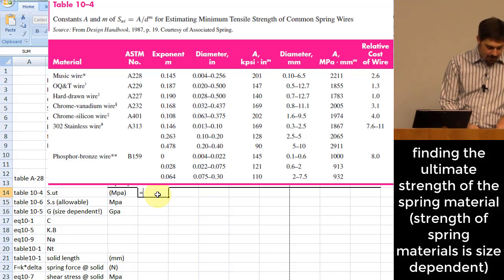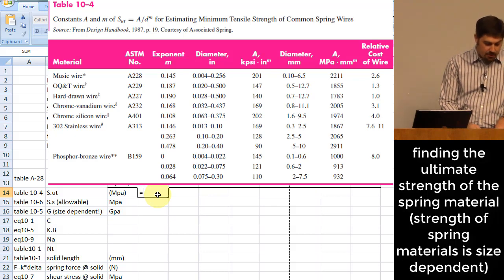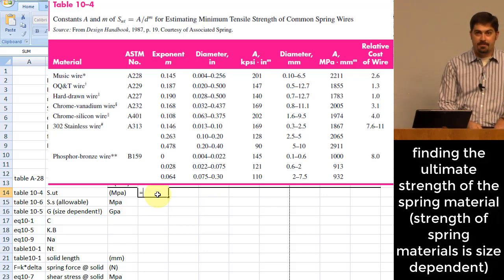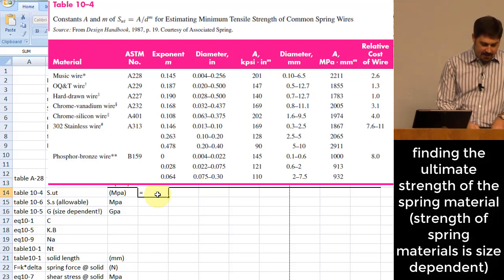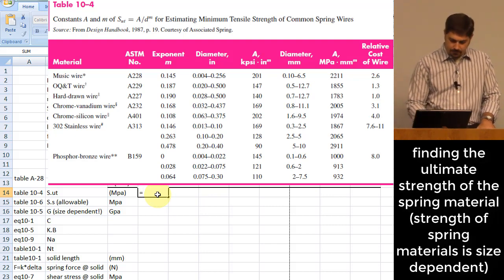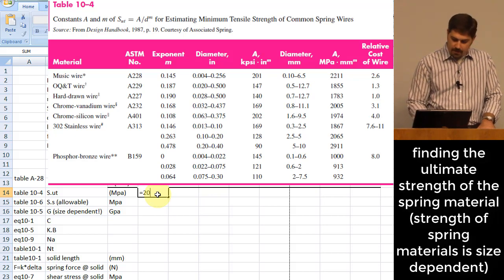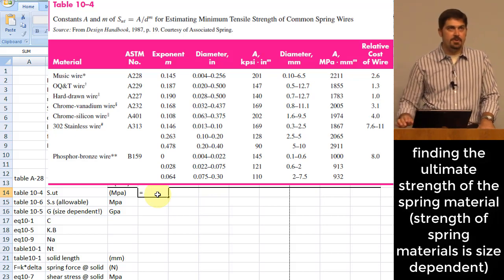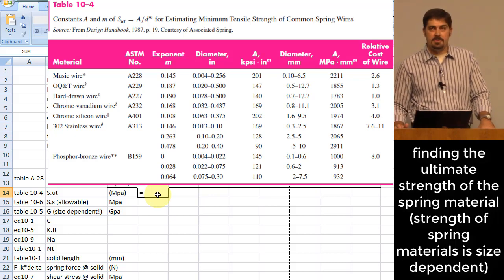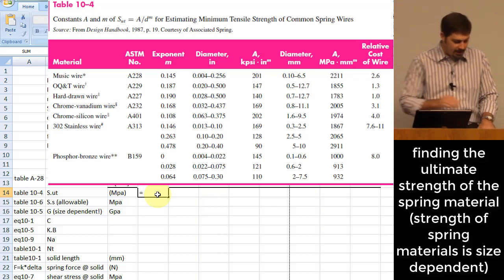It gives a diameter range through which these parameters are applicable. It tells us that A is going to be 201 if we are dealing with US units. Now, do you want to deal with US units or SI units? Probably SI units.